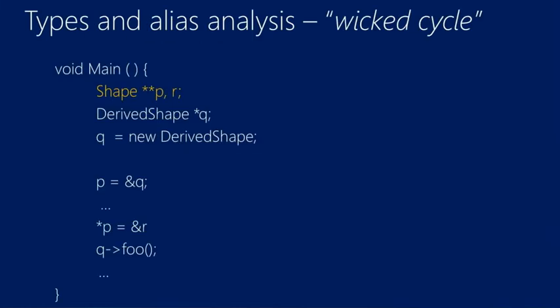So we feel, going forward, types and alias analysis are an incredibly wicked cycle, and it's an incredibly important thing to actually invest in. This is probably going to have the most far-reaching effects on everything we do going forward, and it's really, really hard. So in this particular example, you can see if you changed what Q pointed to out from underneath you, then at the very bottom, we wouldn't be able to track that virtual method in Q. So that Q foo no longer actually is what we can figure out.